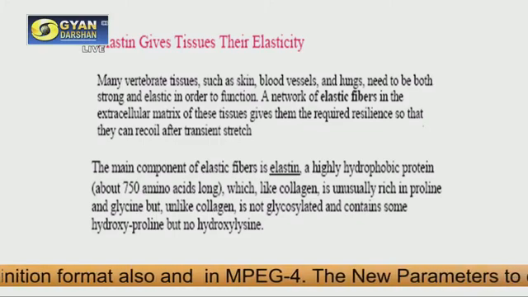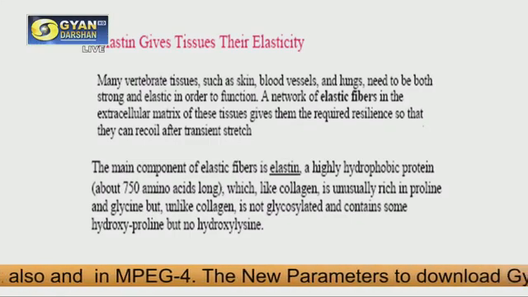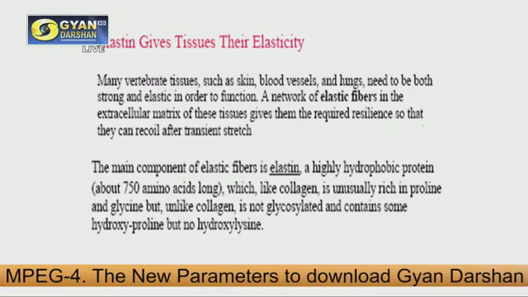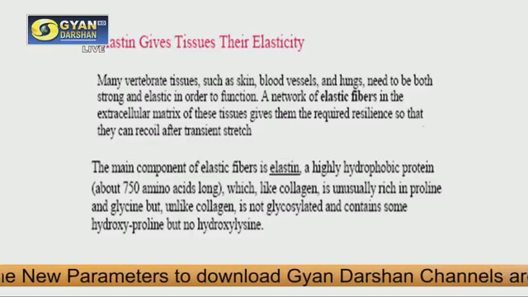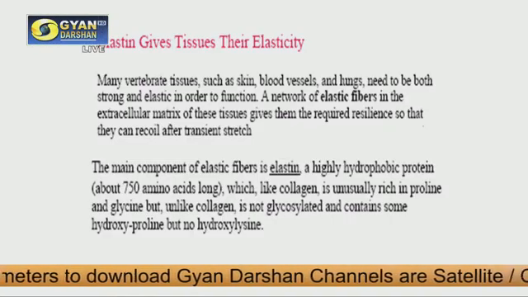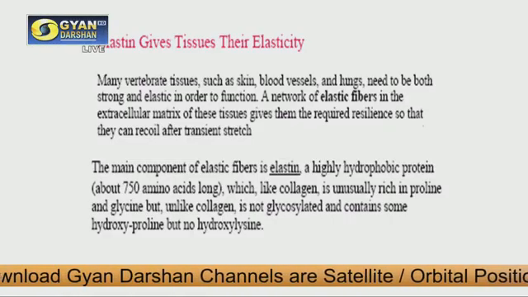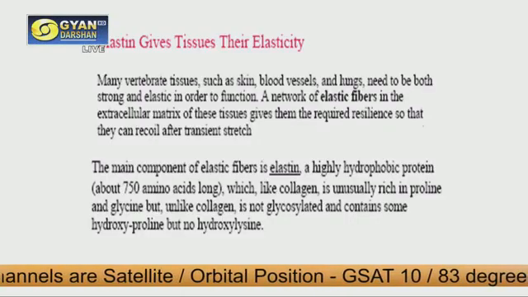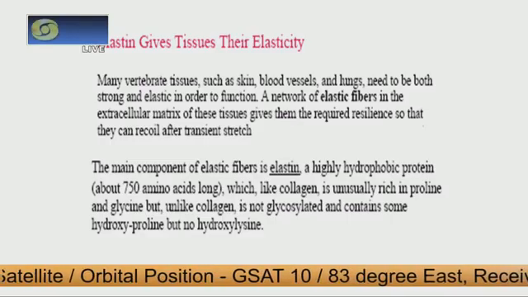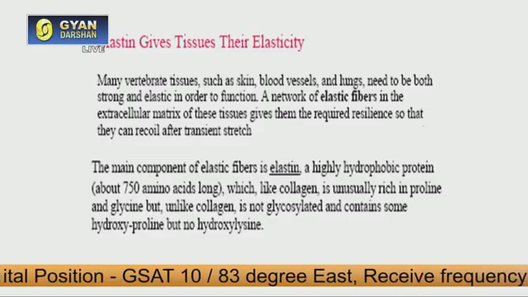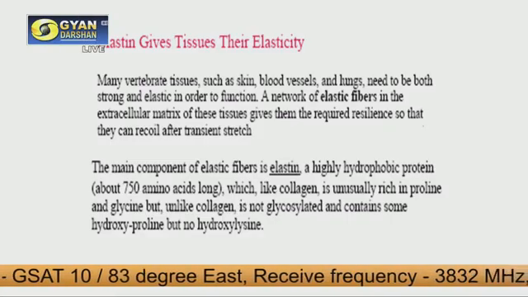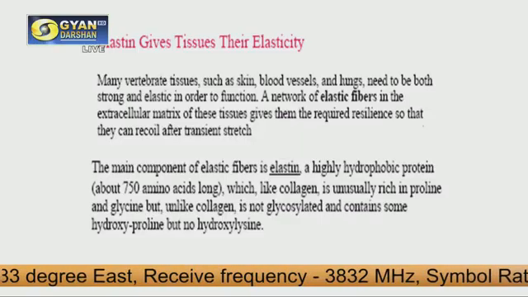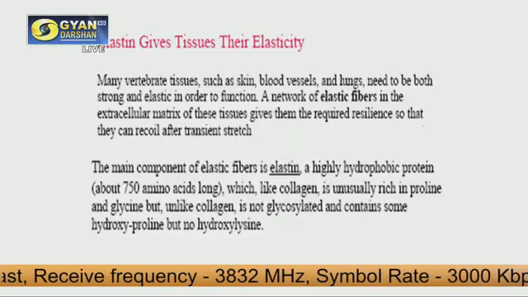These elastin proteins. The main component of elastic fiber is elastin, a highly hydrophobic protein which, like collagen, is unusually rich in proline and glycine. But unlike collagen, it is not glycosylated and contains some hydroxyproline but no hydroxylysine.